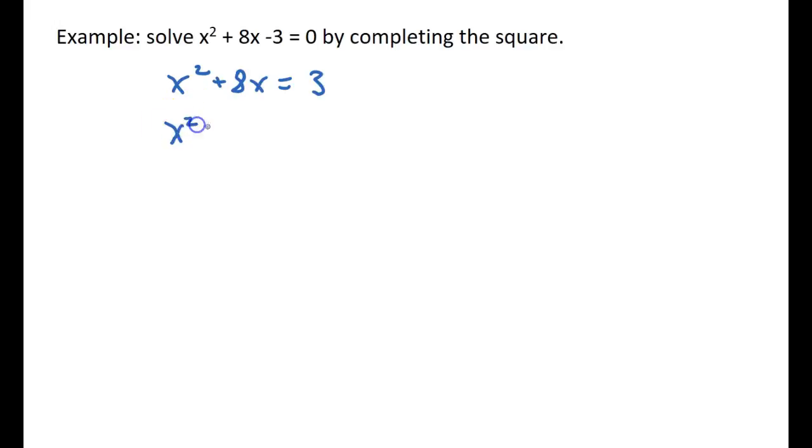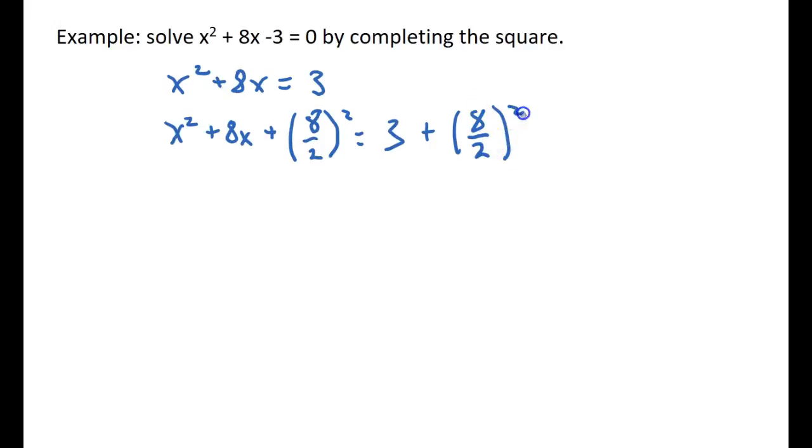So that's x squared plus 8x plus 8 over 2 squared. Half the coefficient of the x term, square it, add it to both sides. Okay, so I get x squared plus 8x plus 16 equals 3 plus 16, which is 19.